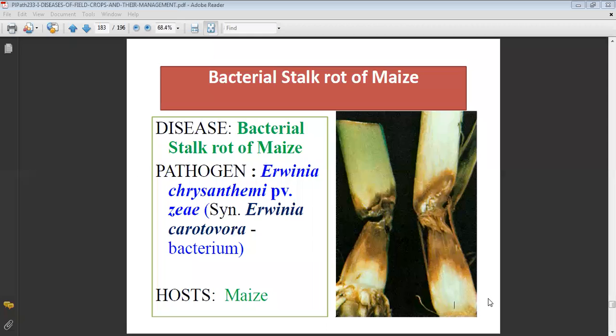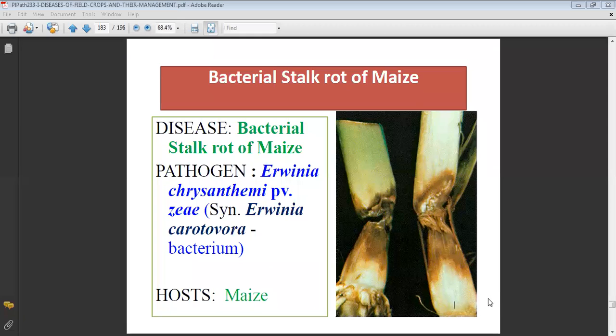I'm Dr. Lily Freddy, and today I'm going to discuss diseases of maize, in which we are going to specifically discuss two diseases: the stalk rot of maize and downy mildew of maize.